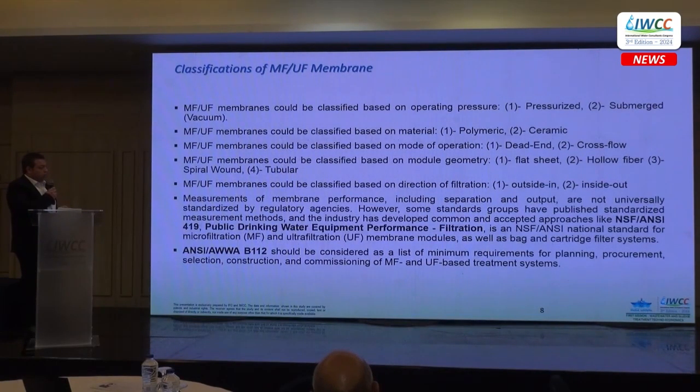Almost, flat sheet and hollow fiber are common in microfiltration and ultrafiltration, while spiral wound is the most common in RO membranes. We could also classify microfiltration and ultrafiltration membranes according to the direction of filtration, outside-inside or inside-outside.